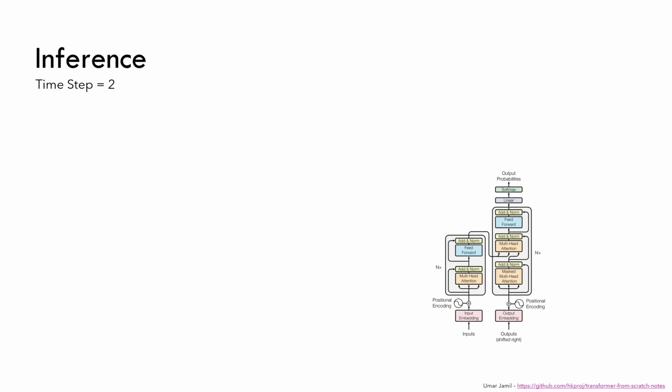At time step 2, we don't need to recompute the encoder output again, because our English sentence didn't change, so we expect the encoder to produce the same output for it.